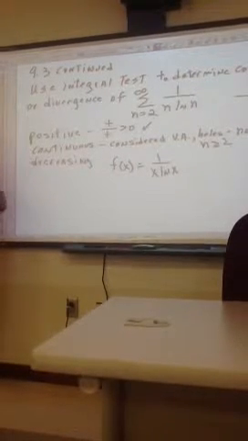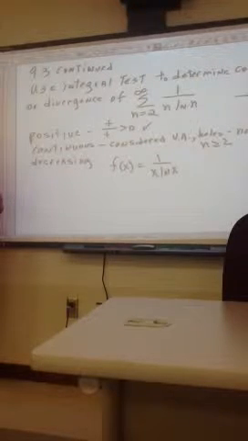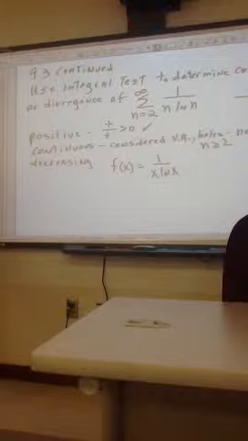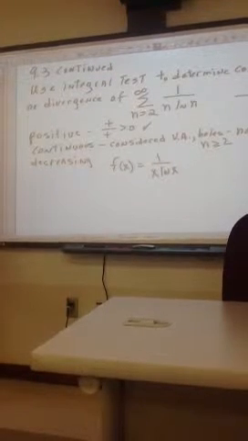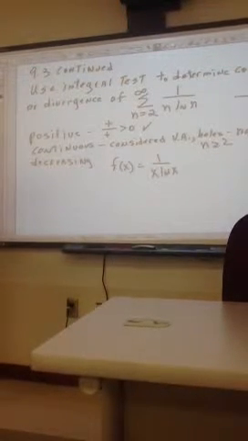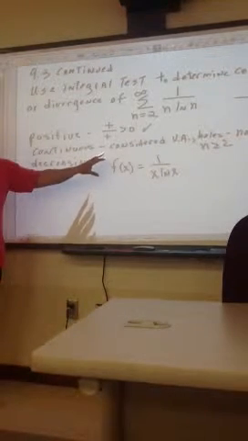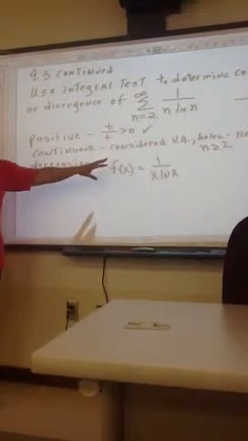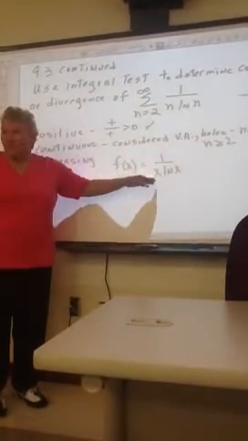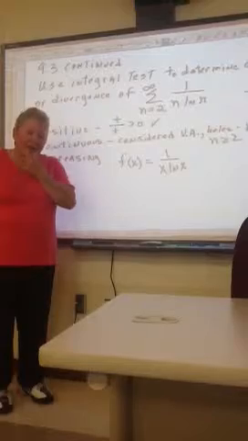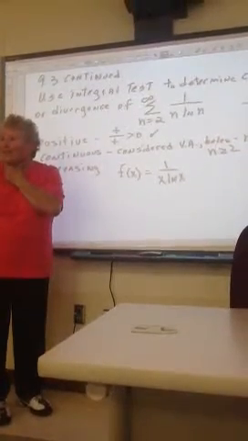And we have the first derivative. If the first derivative is less than 0, I'm in great shape. So here I get to throw in a little review of old derivatives. If I was going to take the derivative of this, I would have turned it into a chain rule situation.